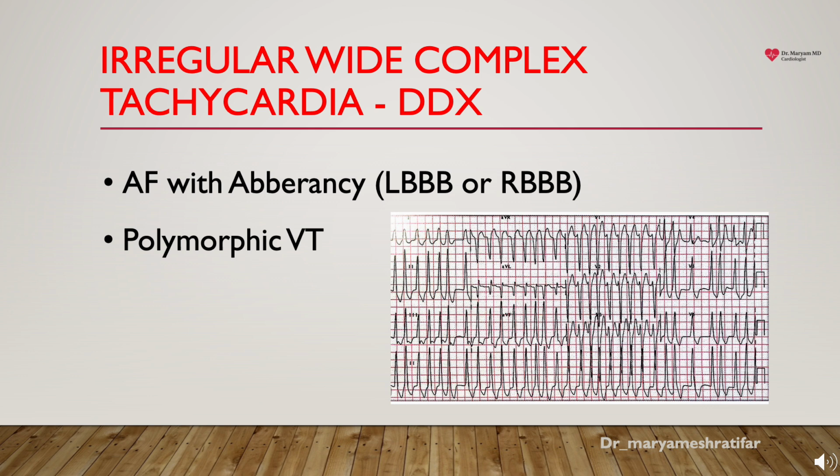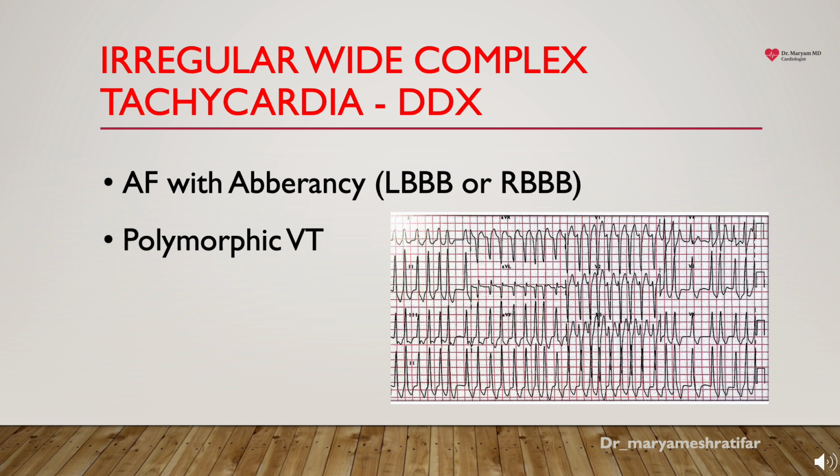The second differential diagnosis would be polymorphic VT, which means polymorphic ventricular tachycardia. Again, a baseline ECG can be helpful here, as it may show clues suggestive of ventricular arrhythmia, such as a prolonged QT interval or frequent PVCs.